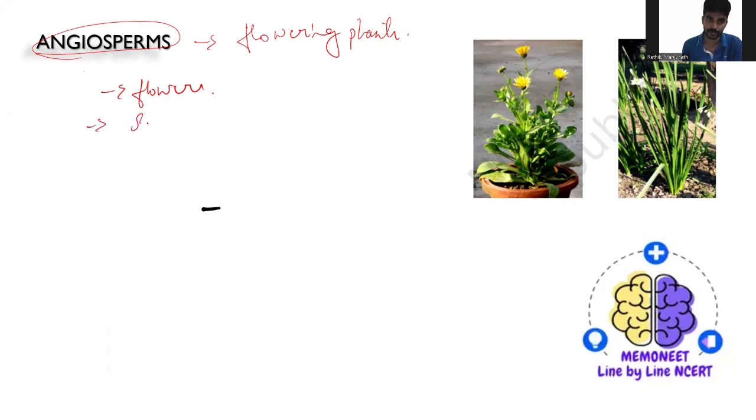They are the largest group, seen worldwide, with a wide range of habitats. Their size ranges from very small plants to large trees, over 100 meters also.